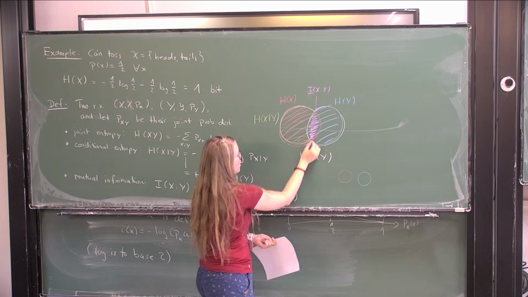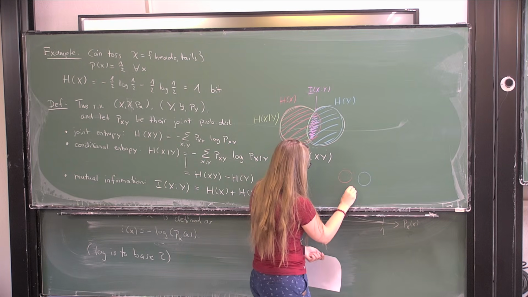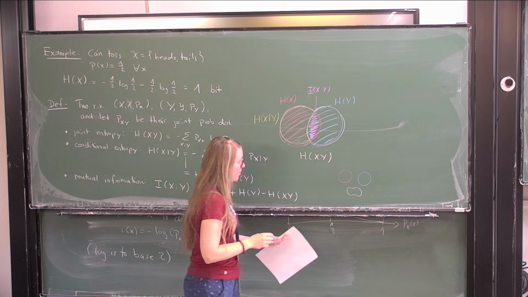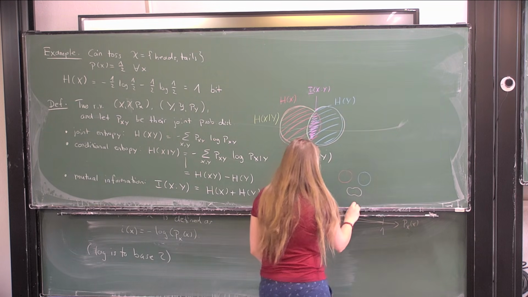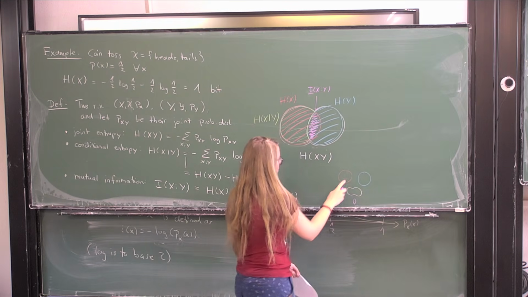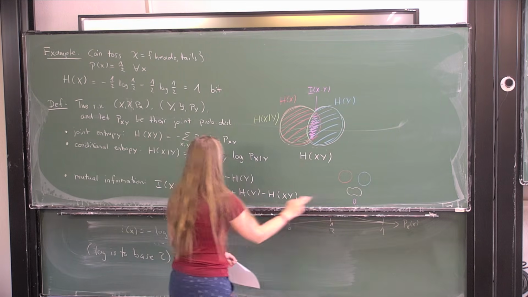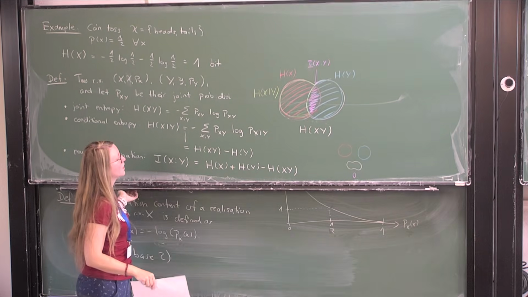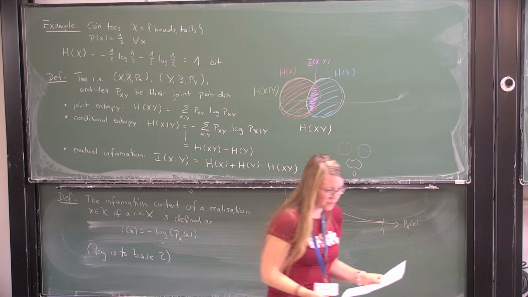But in the end, you want to get out this overlapping part. And now you remove the joint entropy, which was this thing that entails both. So what's left after this is just once the overlap between them, because you have removed each of those things. Once the overlap remains. And that is the mutual information. That's a useful way to visualize how these things are related.